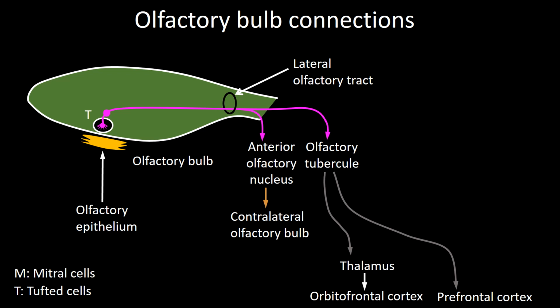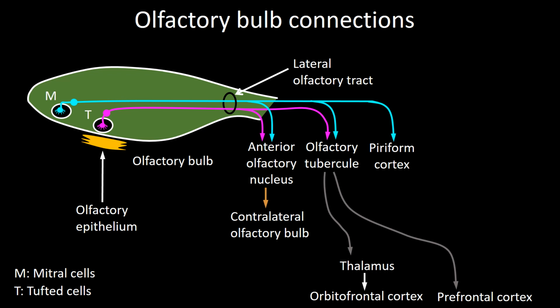In the bulb, I will also represent mitral cells. Mitral cell axons will also send fibers to the anterior olfactory nucleus and the olfactory tubercle, but also to the piriform cortex. Neurons in the piriform cortex send axons to the thalamus and the prefrontal cortex.